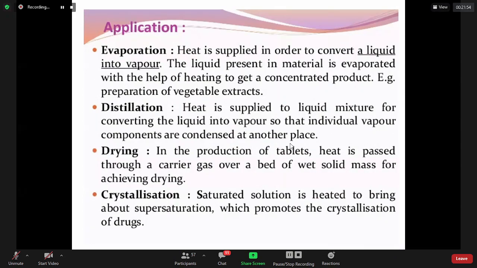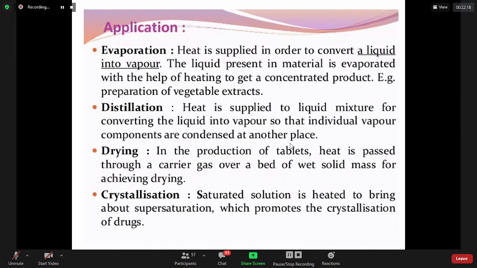Then when the temperature rises to 100, that's when you start getting water in the form of steam, which is cooled. But at 76, that's when you can get ethanol. And this is done by distillation.